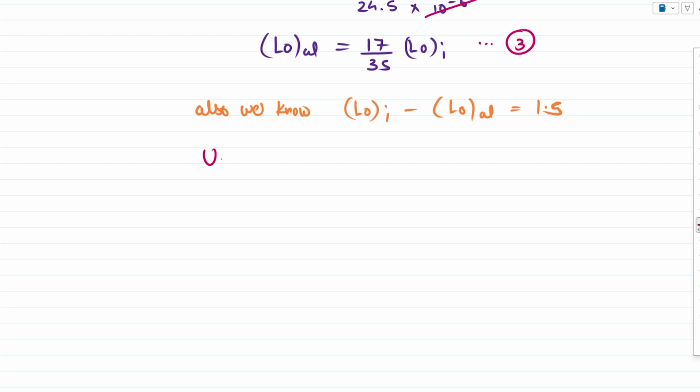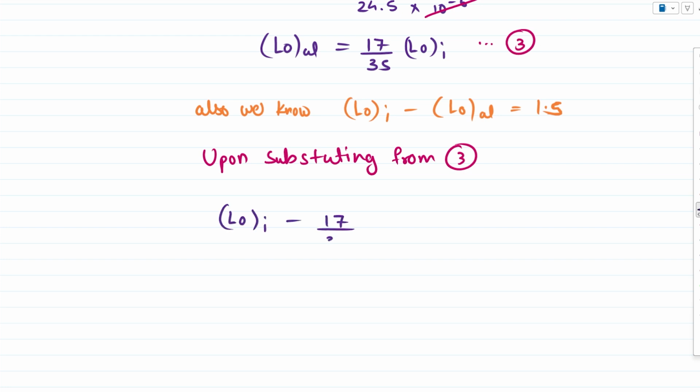So substituting from 3, I can say L₀ of I minus 17 upon 35 times L₀ of I gives us 1.5.